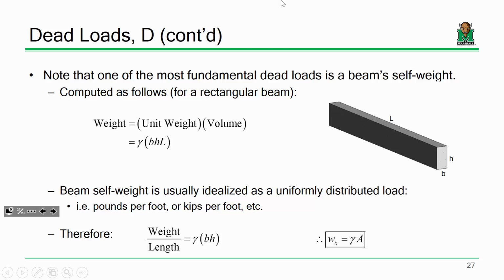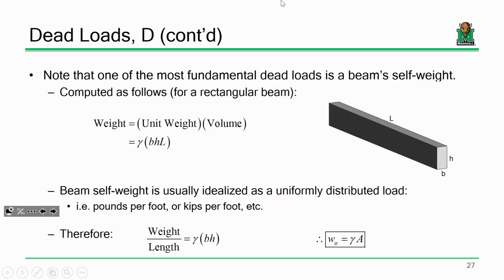We're going to do that quite a bit throughout the semester, so I really want to make sure that makes sense. The one thing I've seen happen more, time and time again, is the issue of units. For instance, concrete is 150 pounds per cubic foot, but when we look at a beam that's 12 inches wide and 18 inches tall, the area comes out in square inches.